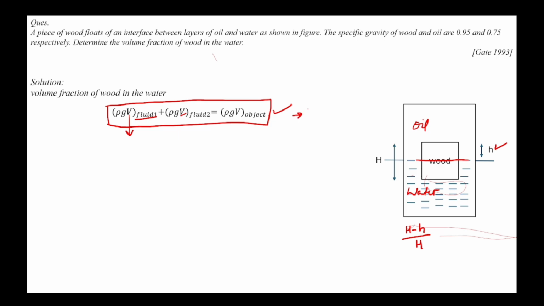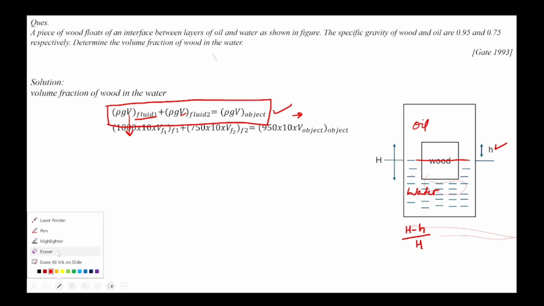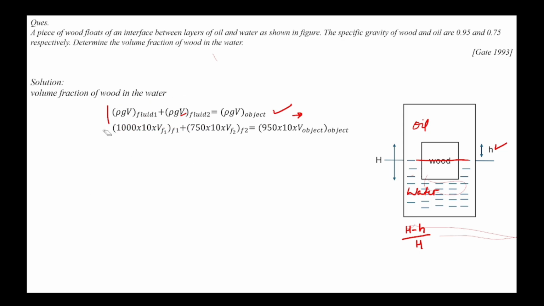Now putting all the values in this equation. Suppose water is fluid 1, so 1000 g will cancel out. We have the volume of the object in fluid 1, the volume of the object in fluid 2, and the volume of the object.